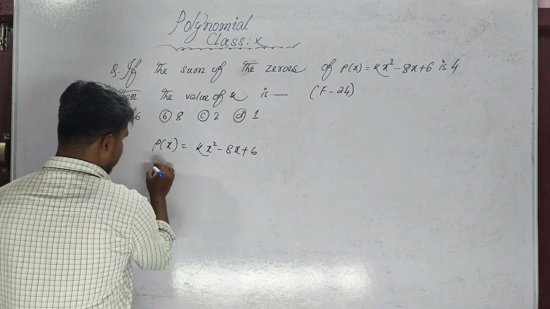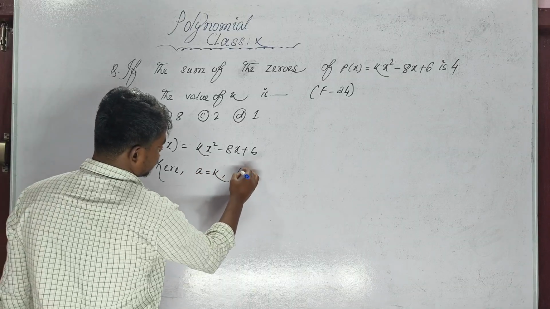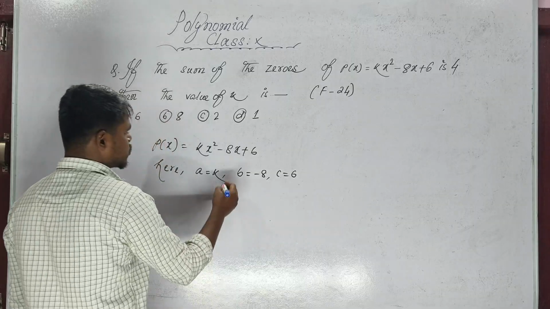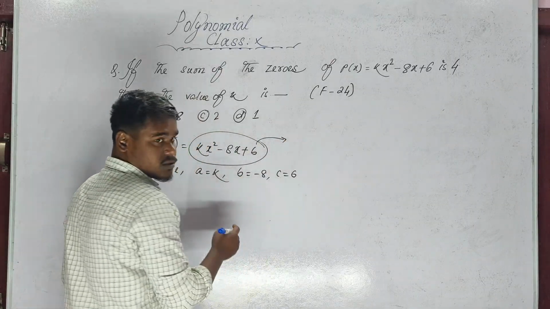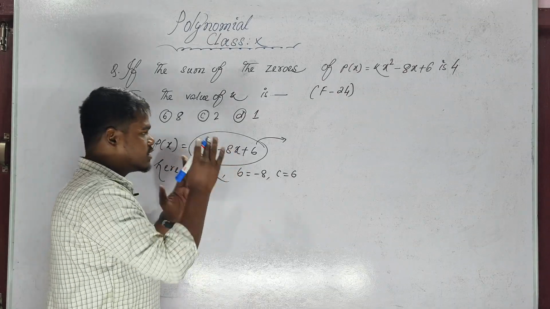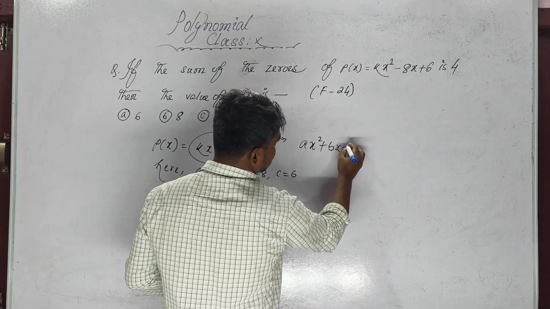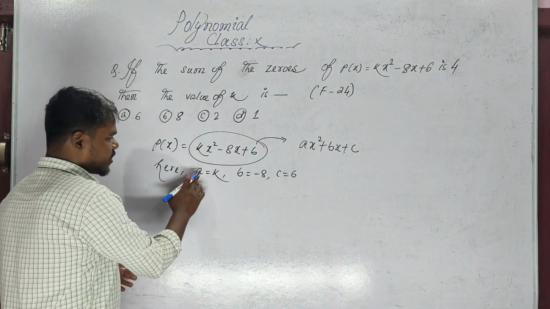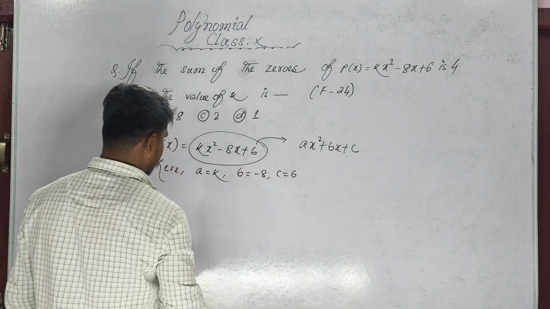Now here a means k, b means minus 8, c means 6. My dear student, this is a quadratic polynomial. If we compare this quadratic polynomial with the standard form ax square plus bx plus c, then we get a equal to k, b equal to minus 8 and c equal to 6.